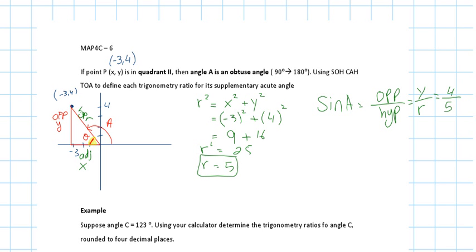What do we know about cosine? What's the letter that represents r? What's the value of x? -3. What's the value of r?